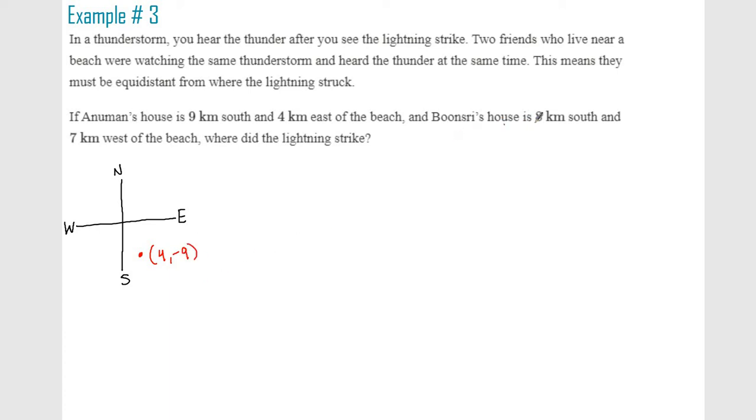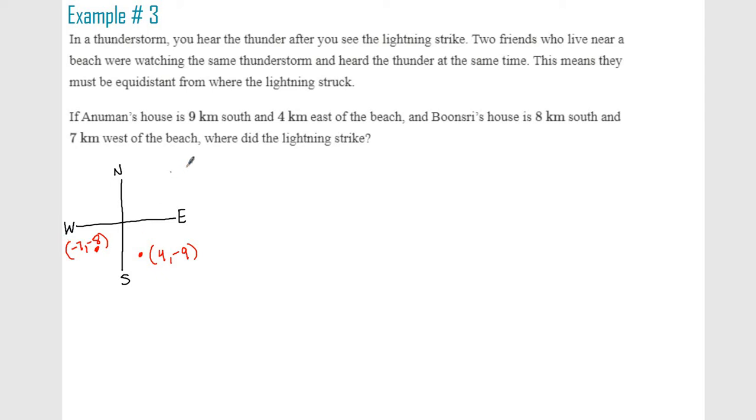Then Bunshri's house is 8 kilometers south and 7 kilometers west. So that's going to be -7, -8, because east and west is an X direction. North and south is a Y direction.